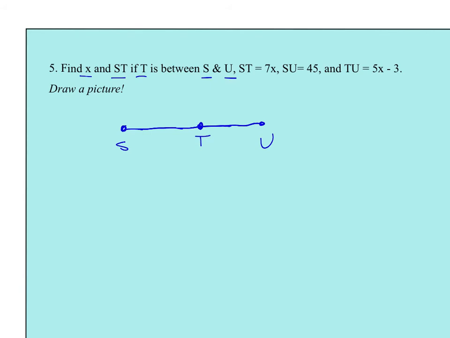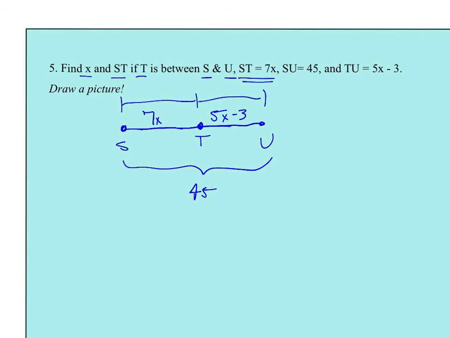They tell us ST is 7X, SU is 45, and TU is 5X minus 3. So these two together make the whole thing. That would be 7X plus 5X minus 3 equals 45.